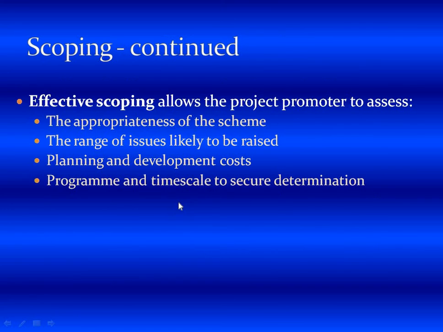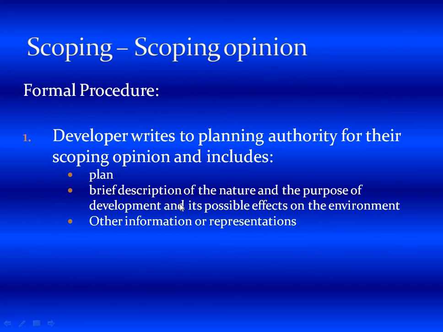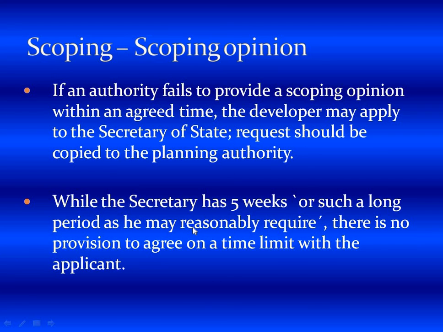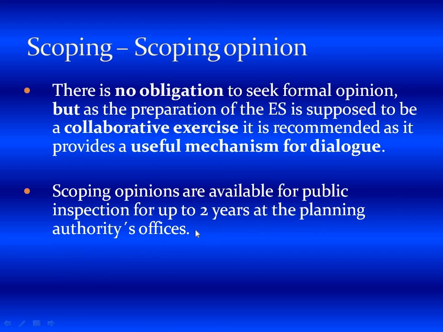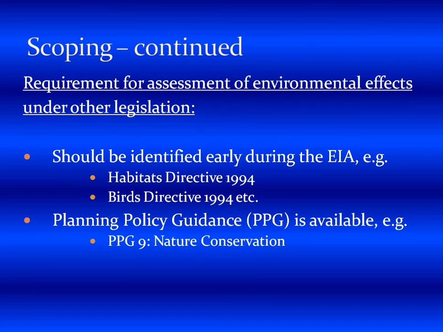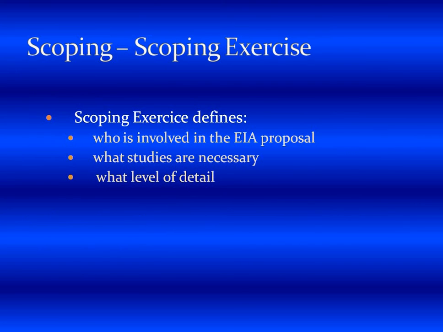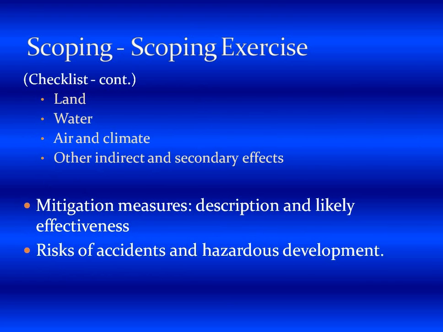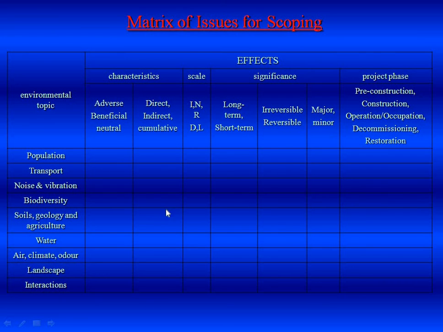Then there are different aspects of scoping. We cover the different procedures of scoping, the plan, its description, and other information. As you discuss a specific aspect, this will be covered in more detail. Then scoping opinions, just like screening opinions, and what I will find out from them. Then the checklist for EIA and scoping, and the legal matrix for scoping.